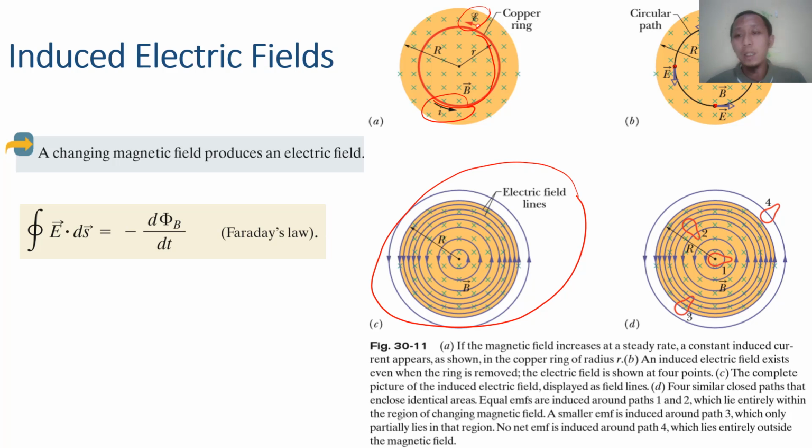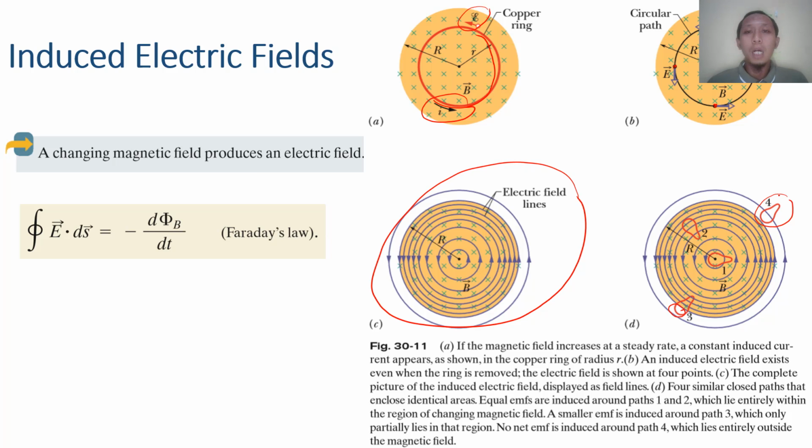Then we can check in this graphic that the electric field in 1 and 2 is similar, but in 3 it is not similar, because there is an area outside the electric field, and the electric field in 4 is 0, because there is no magnetic field in the area of 4.